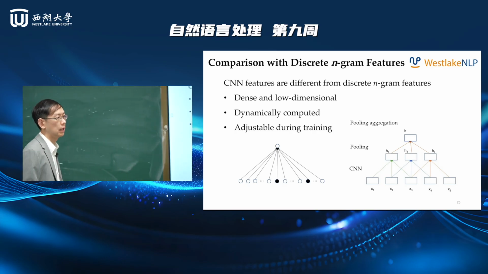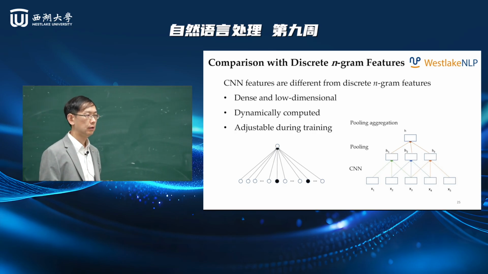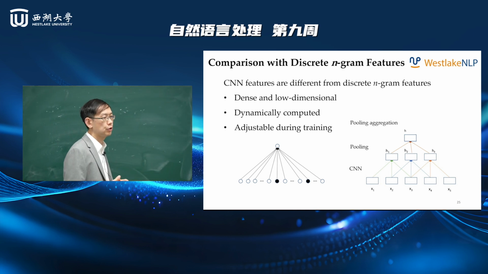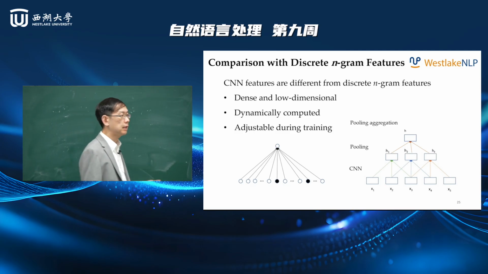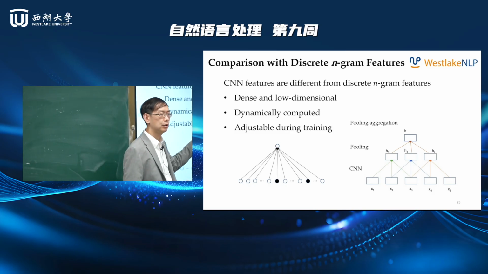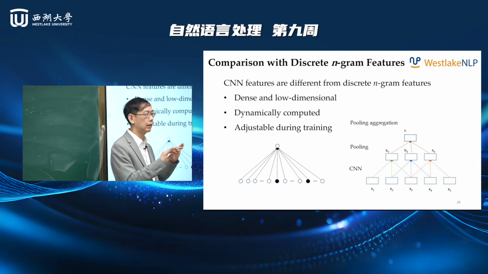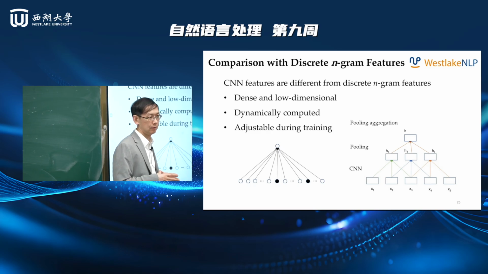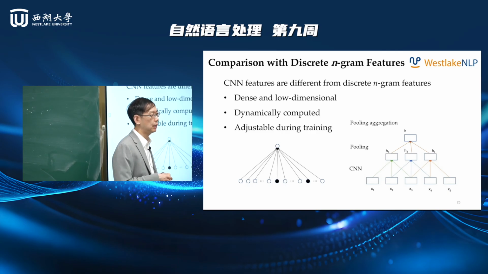And more importantly, they're automatically learned. So you don't manually define them. And they are adjustable during training, which means given the same sentence, after one training iteration, your convolutional representation will be a vector. After a second training iteration, it will change, right? Because your model parameters changed.